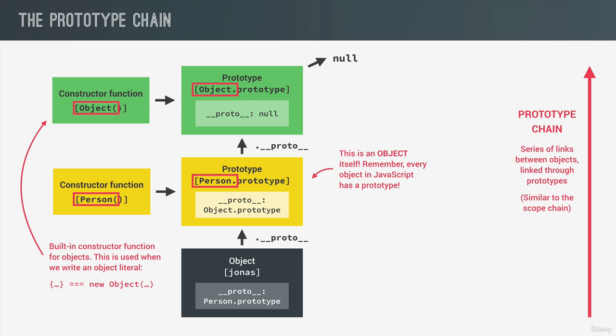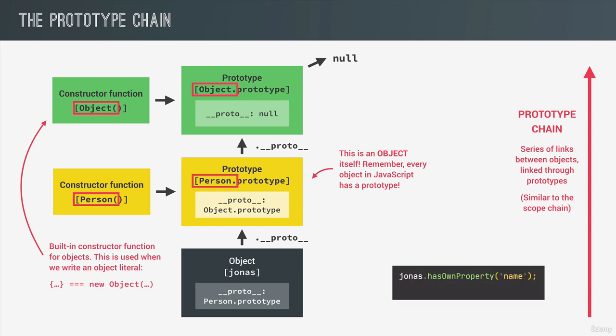Okay? So again, the prototype chain is pretty similar to the scope chain, but instead of working with scopes, it works with properties and methods in objects. All right? And now let's actually see another example of a method lookup.